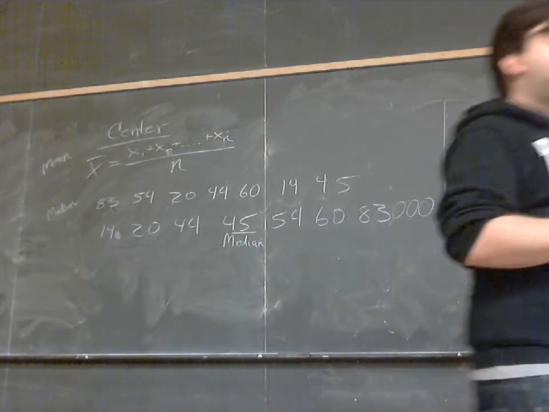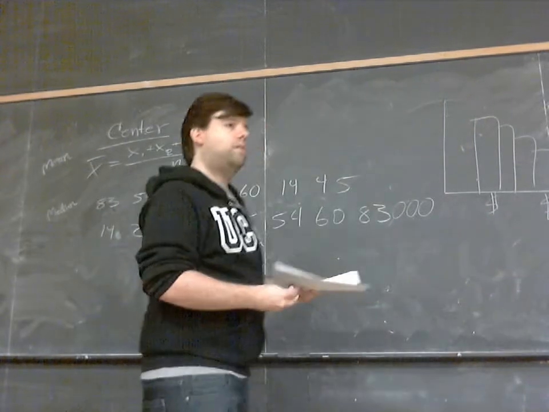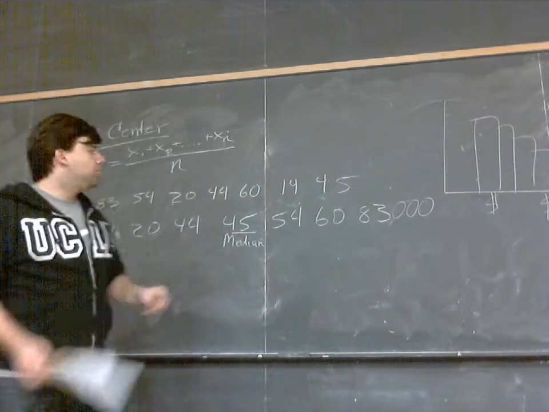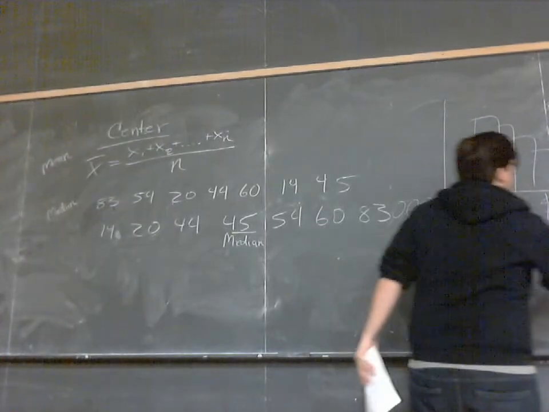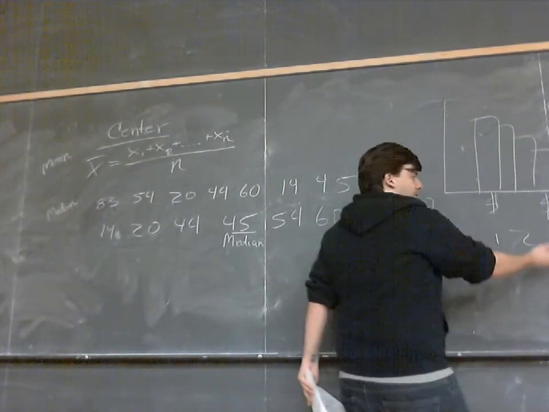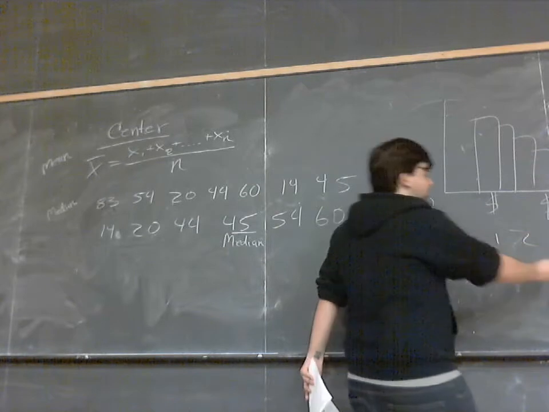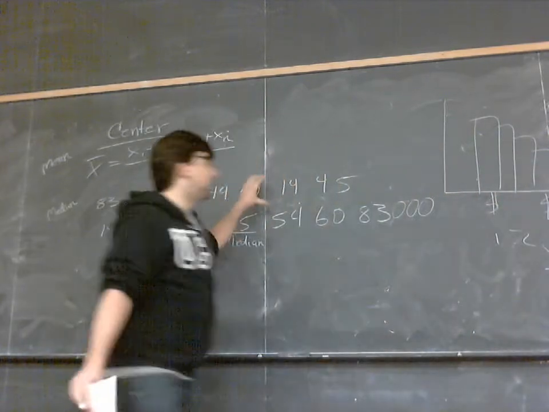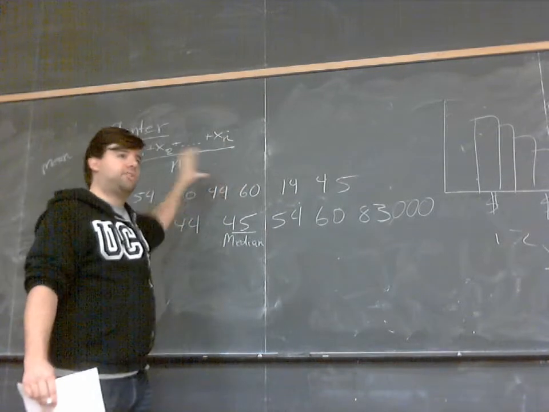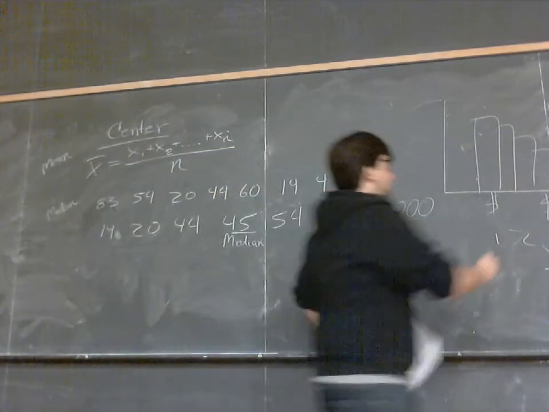If I gave you 4 numbers, there's no middle value, so you would just take the average of the middle 2. But as I just mentioned, on a test I will give you 7 numbers, so that there will be an exact center.